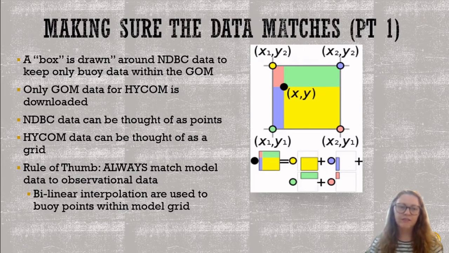So in order to get information for the buoy in the middle, the black dot, it's somewhat of a weighted average of the 4 rectangles, the pink, green, purple, and yellow rectangles. Once the weighted average is done, we can then get information about the buoy in the middle. So that's how we get information for HYCOM at specific buoy locations.